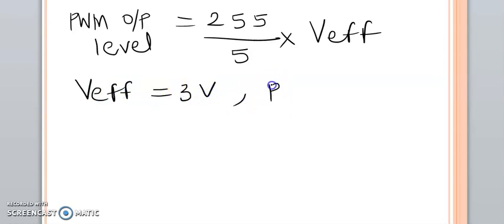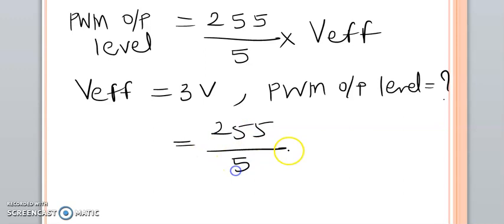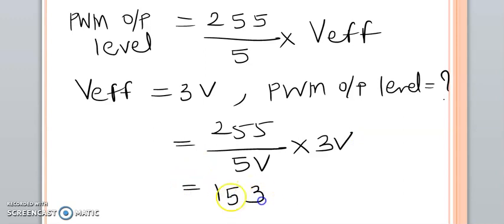For that, what will be the PWM output level? According to this formula, if we put in the values, we get 255 divided by 5 into 3. The value comes out to be 153.